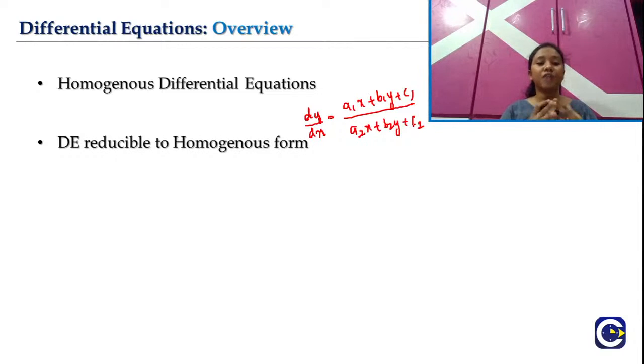After reducing it, we are aware of how to solve the homogeneous differential equation. That will be the same format.